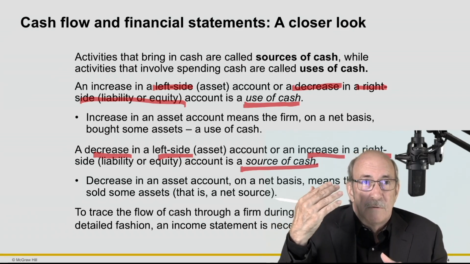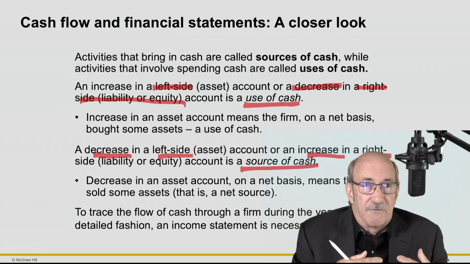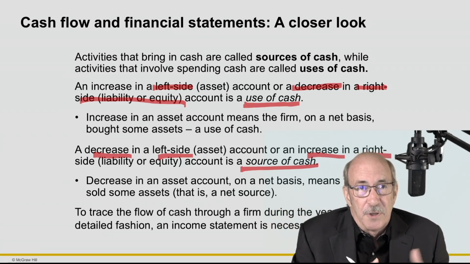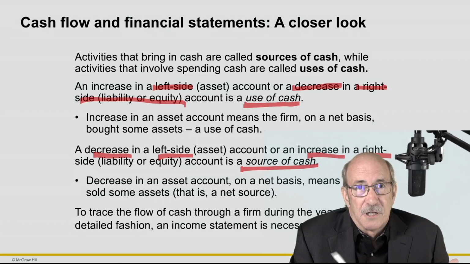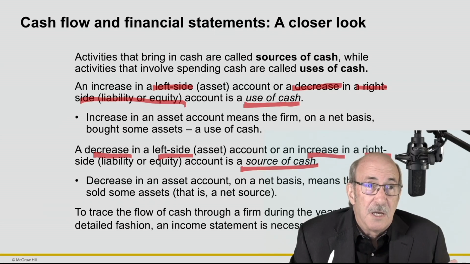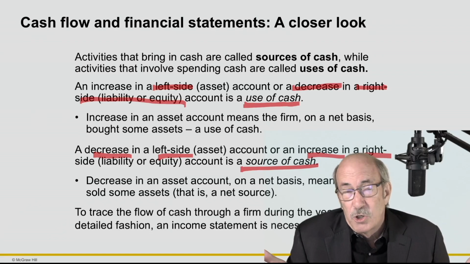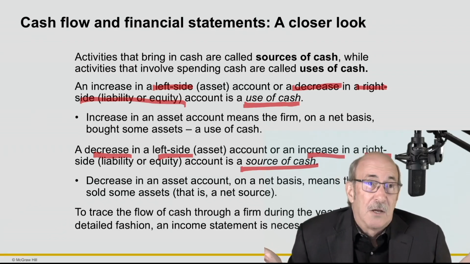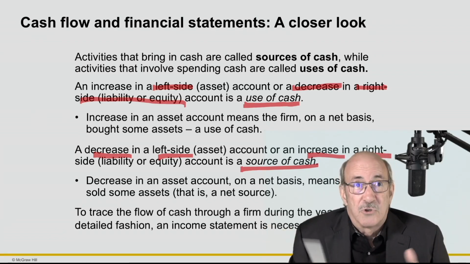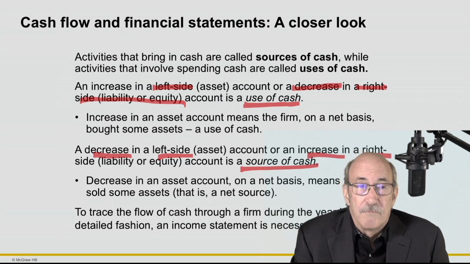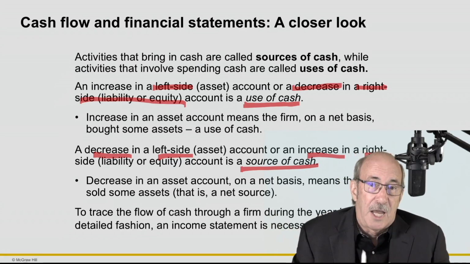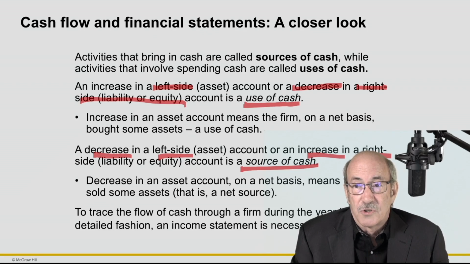So we issue a new bond, and cash flows in from that, and we deploy that cash by buying assets for our business. Another way for that to happen would be, say, an additional equity issue. We already have 1 million shares outstanding. Maybe we issue another 250,000 shares. That's going to create another cash inflow. So that's a source of cash.